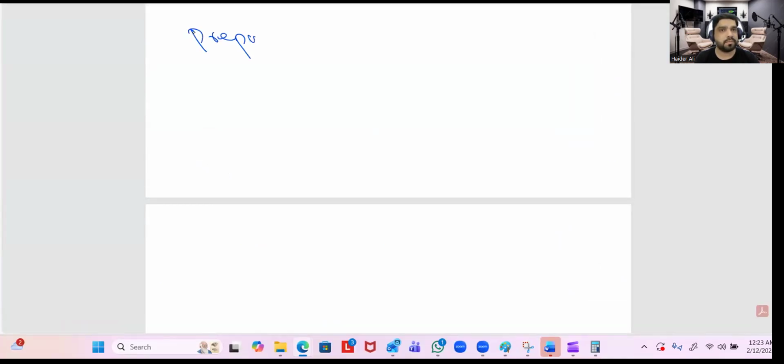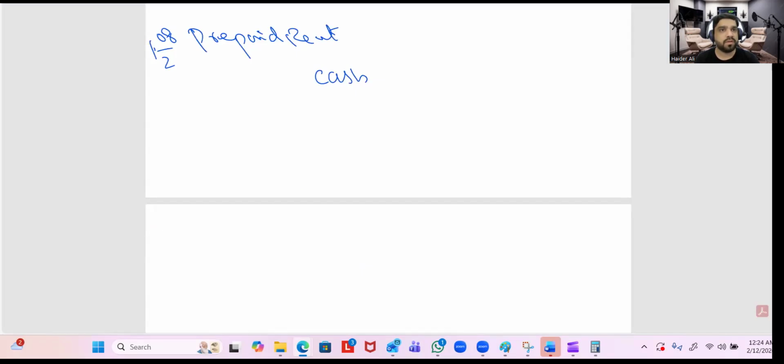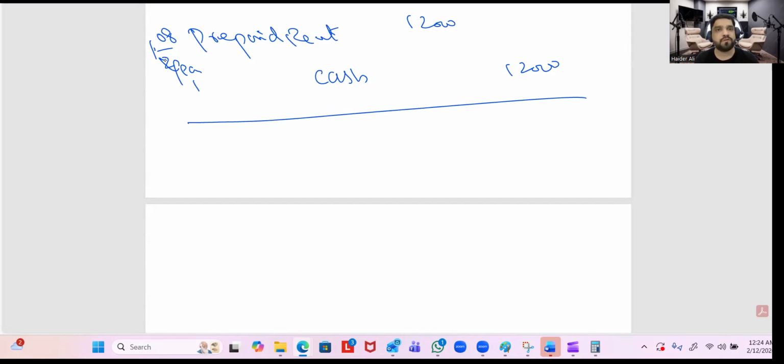Prepaid rent to cash. This entry was made on 1st of August, year one, 12,000. According to the matching principle, you need to recognize the expense which belongs to this particular period, year one.